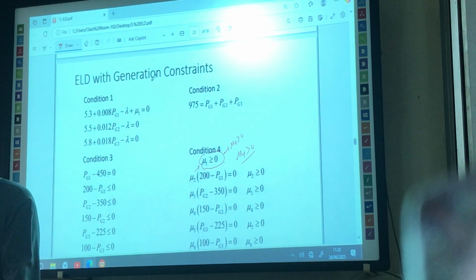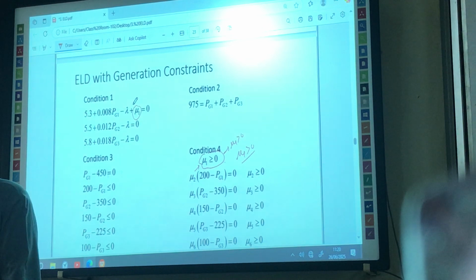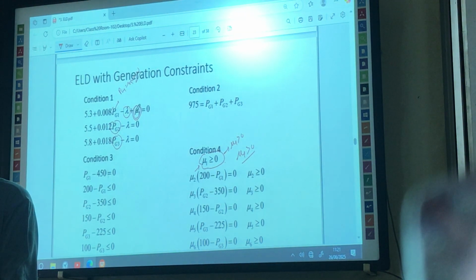There is only mu1. Now what are the unknown variables? This lambda, this Pg2, Pg3 and this mu1. But this Pg1 is known to you because you have set Pg1 as 450 megawatt. So the new unknown variables are mu1, lambda, Pg2 and Pg3.